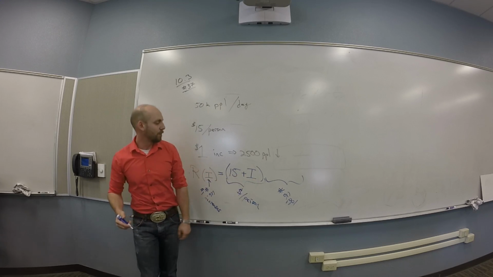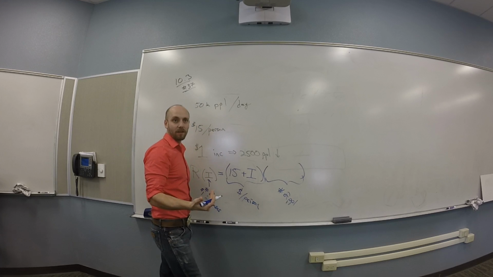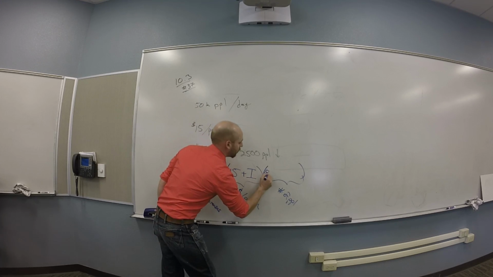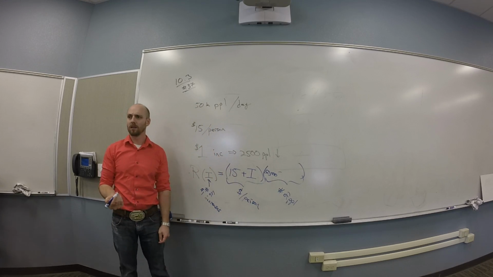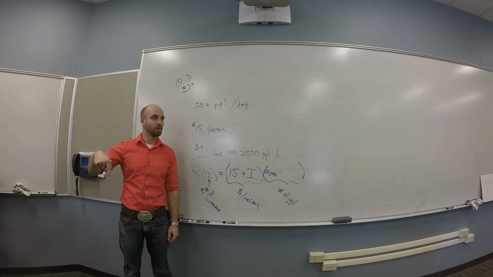Then what's my number of people going to be? You guys said it starts out at 50K, right? Okay, so it's 50,000 minus, why am I subtracting? Because you lose people per increase. Yeah, because every time we jack the price, fewer people show up, right?